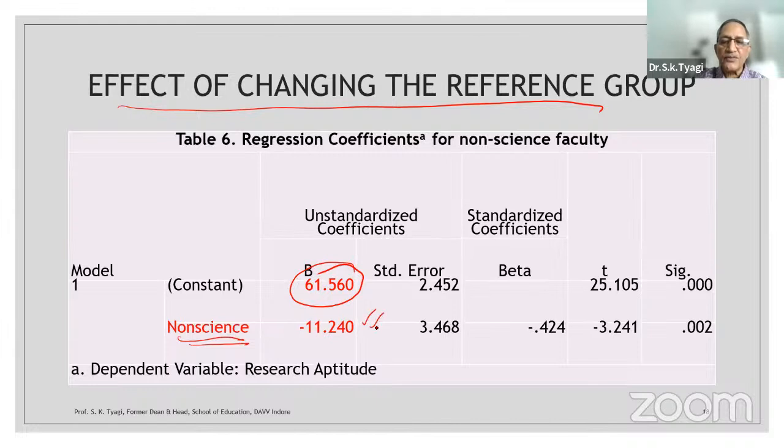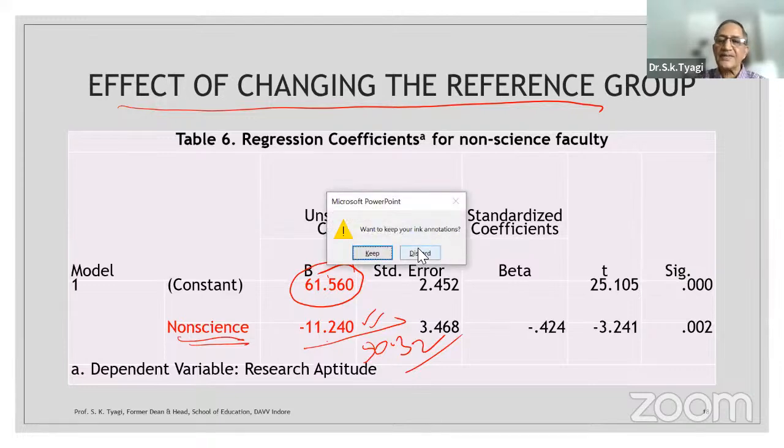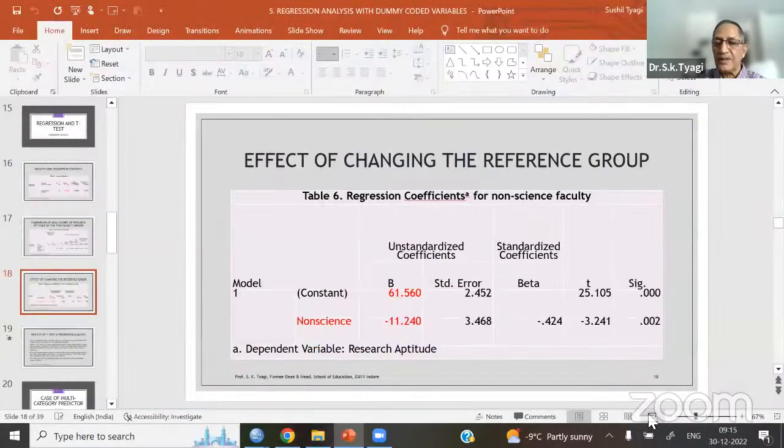A regression coefficient of minus 11.24 means that a non-science faculty is expected to achieve 11.24 marks less than the science faculty teacher. Therefore, to calculate the mean score of non-science faculty, you subtract 11.24 from 61.56, and it will be 50.32. So this again matches the results of the t-test. So this was regression analysis using a dummy coded variable.